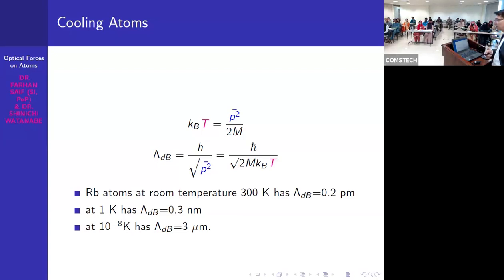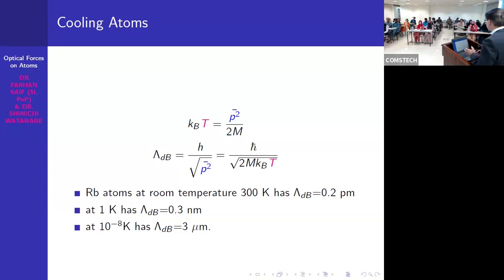But if we go further to lower temperature scales, which we want our atoms to reach by using these cooling mechanisms, we see that at 10 raised to the minus 8 Kelvin, or 100 microkelvin, we have a de Broglie wavelength of 3 micrometer.